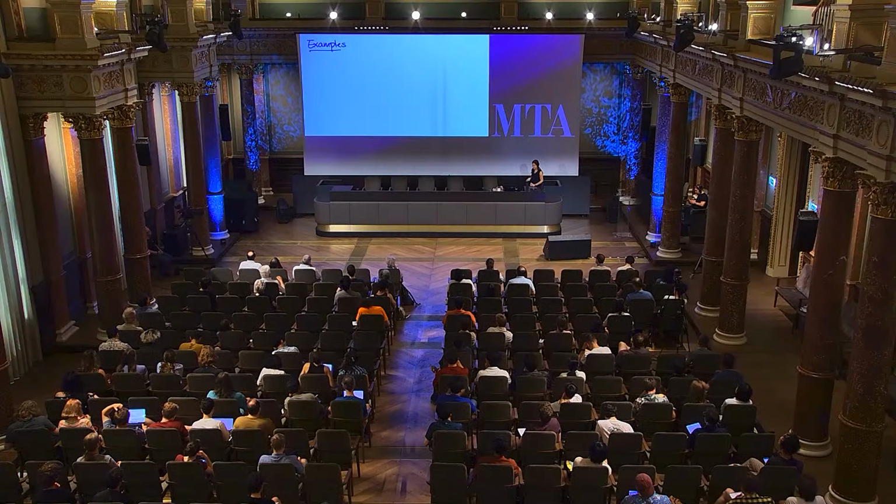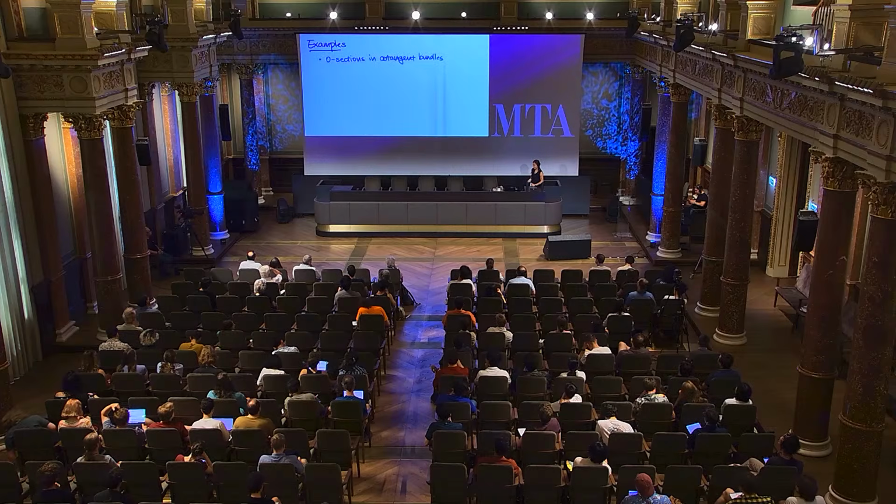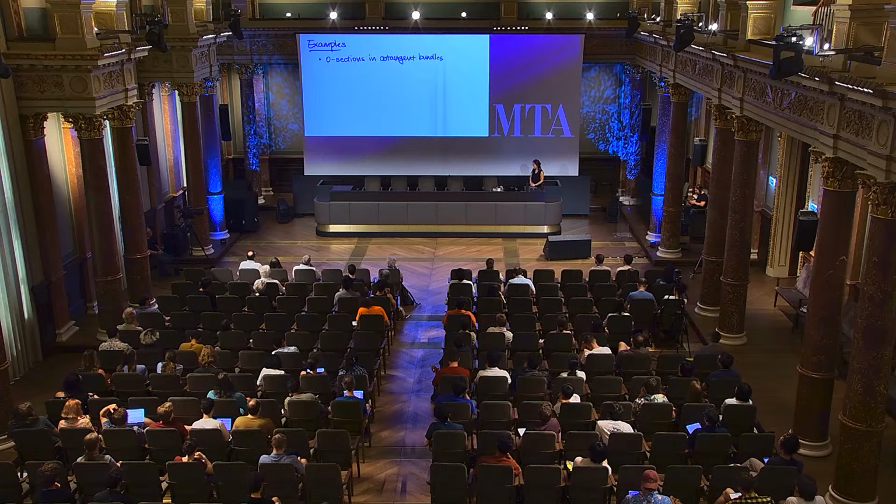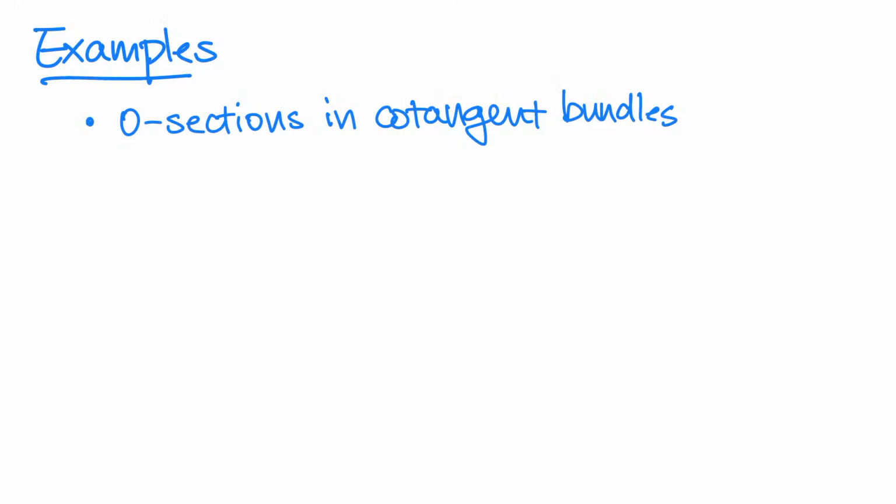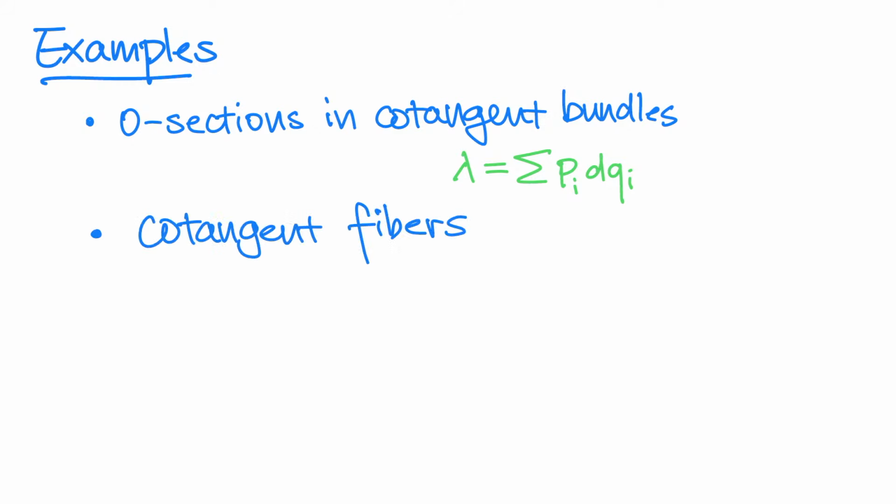Okay, let's look at some examples. This is perhaps the most familiar Lagrangian: zero sections of cotangent bundles. Why are these regular? If we look at the Liouville 1-form, p is the cotangent direction, and this is just 0. So zero sections are regular.